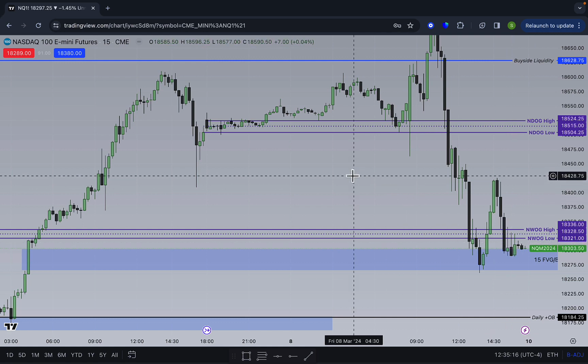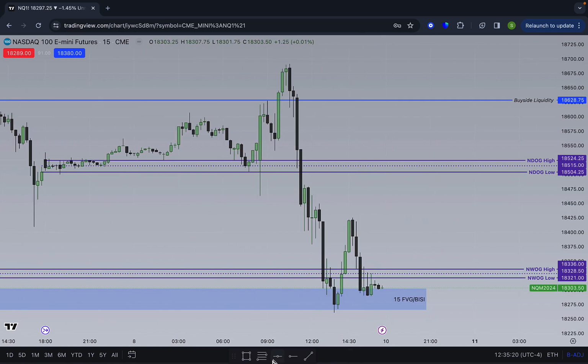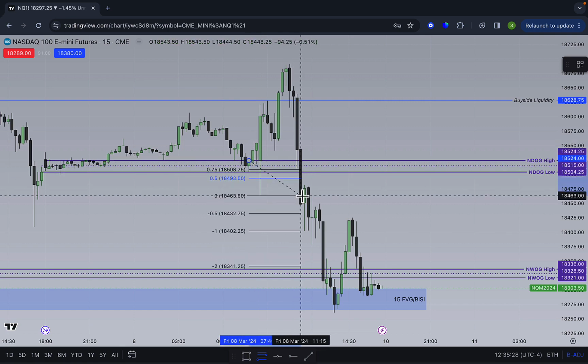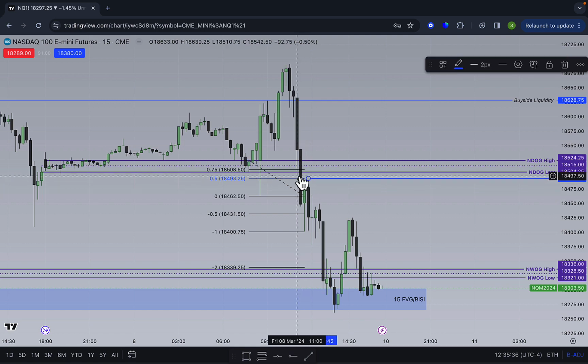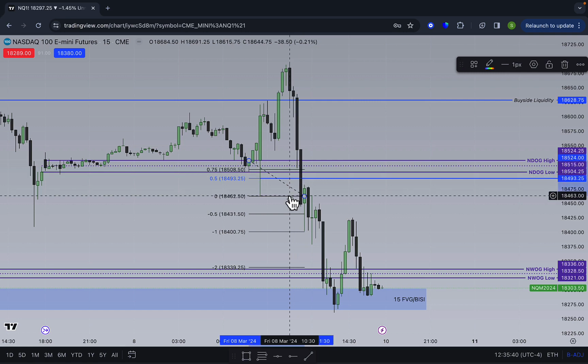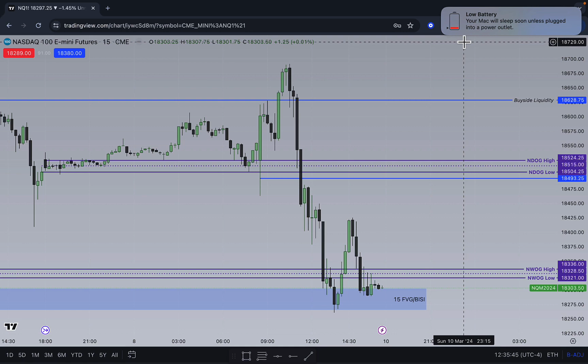Now, essentially just an extension of what we saw there. Now, of course, this is 8:30 news driver, NonFarm payroll. We want to get the consequent encroachment level. Again, just a ballpark. We're not precise when I do these. Free time, of course. We want to get the exact level on the charts, map them across. But we want to see this here.